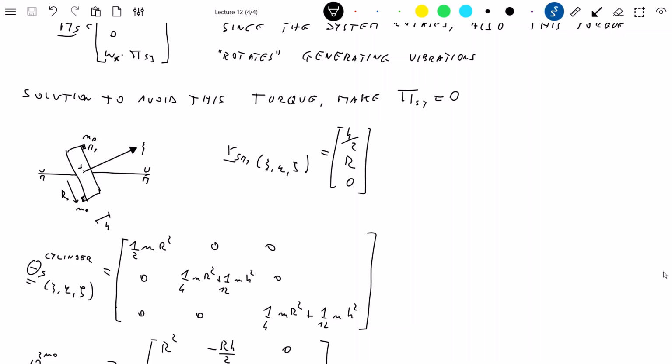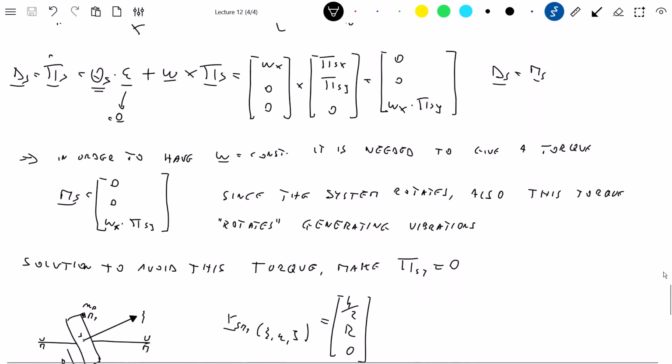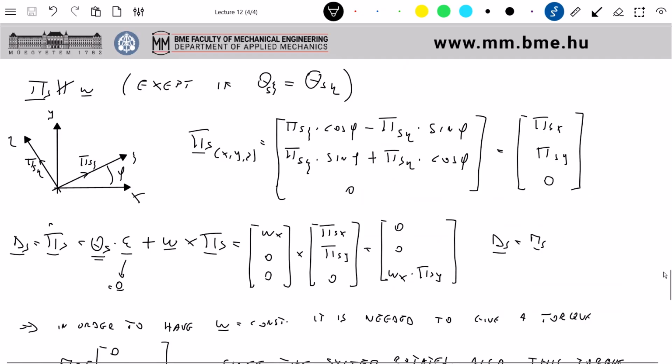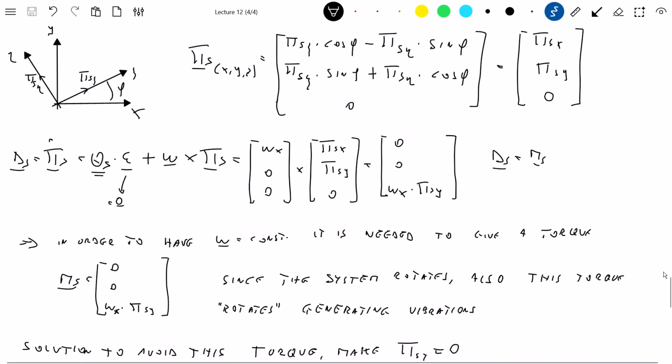But we place those two masses and we want to make the system such that this direction will be the principal direction of the system. In order not to have this, we want to make this theta sy zero.